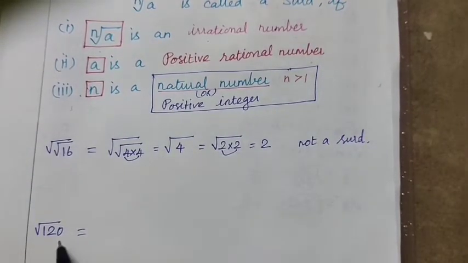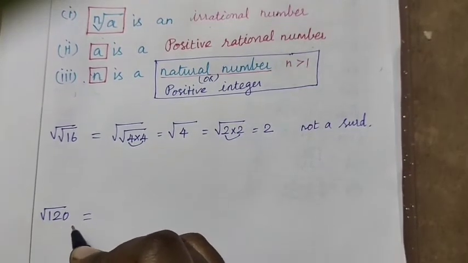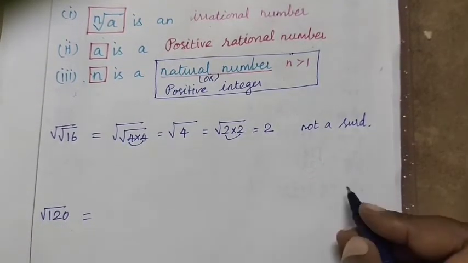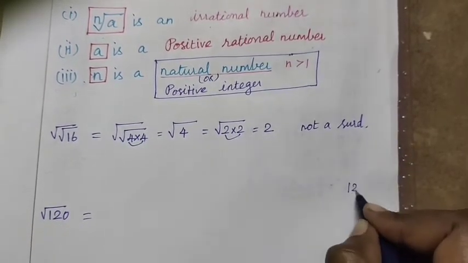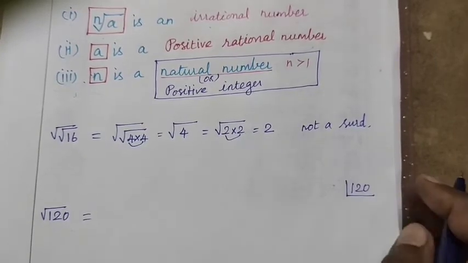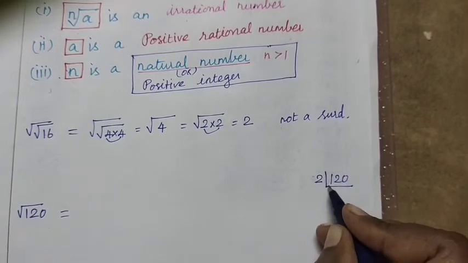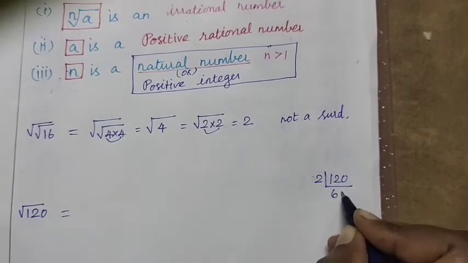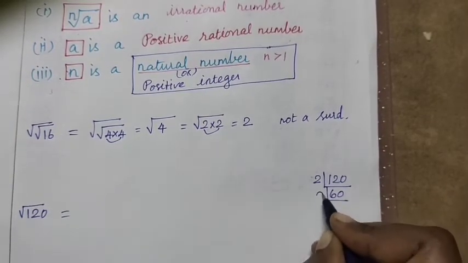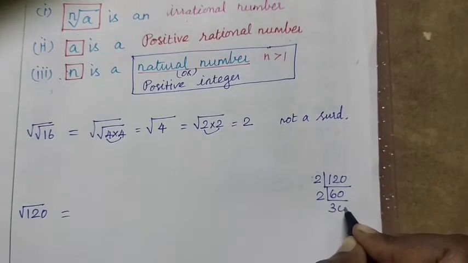See this number, root 120. The factors of 120 are: 6 twos are 12, 0. Again 3 twos are 6, 0.